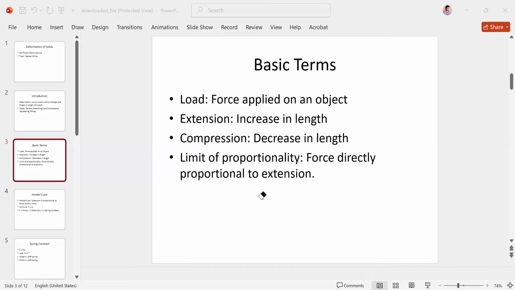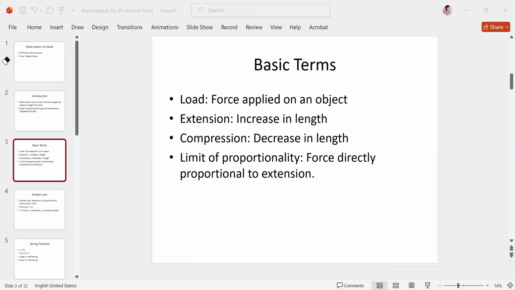When the body deforms from its original shape, the proportionality changes. This is called the limit of proportionality.